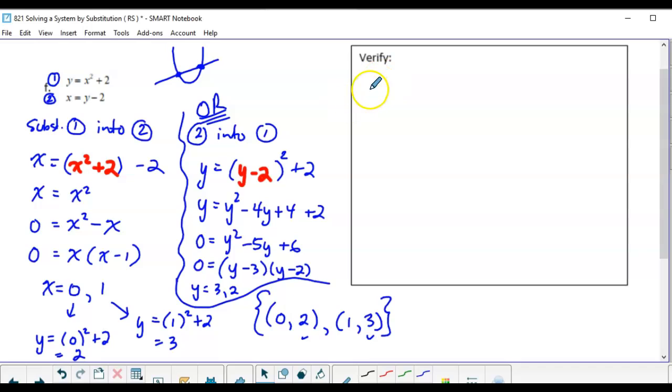Okay, in terms of verifying, so take your first equation, and we have to check for both points. So first equation, the y value is 2. The x is 0, so 2 equals 2.